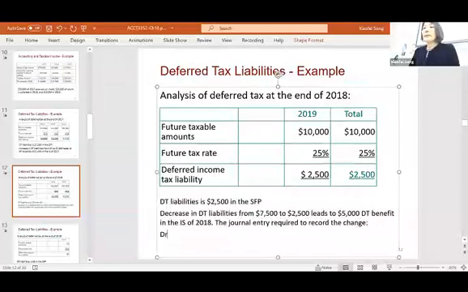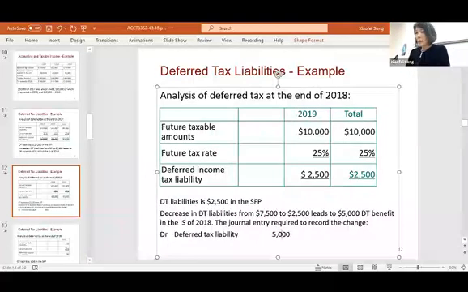We will debit deferred tax liability by 5,000. And we will credit deferred tax benefit.